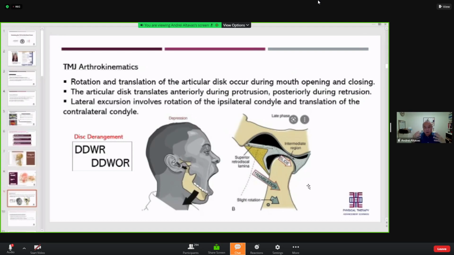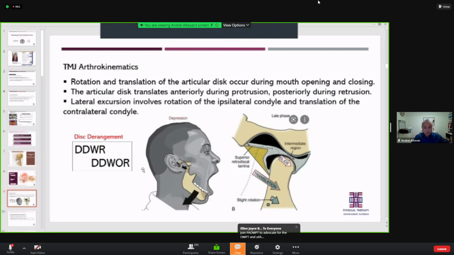You need to have all component movements for the jaw to open, but it's not really a functional movement. In how we function daily, we don't necessarily need to do a lateral excursion of our jaw, unless we do something else. So, a little overview of the arthrokinematics.